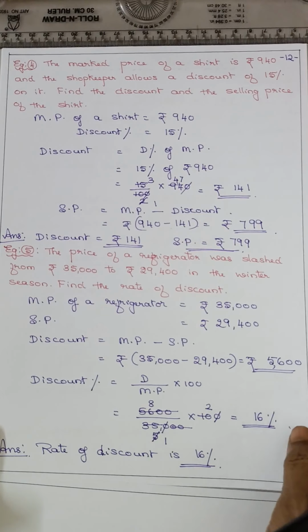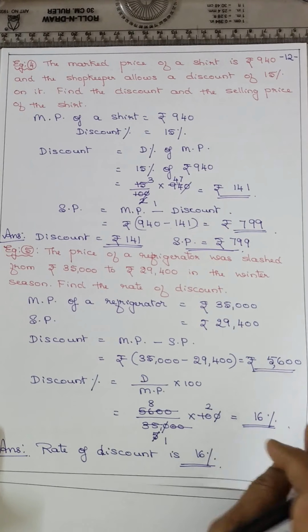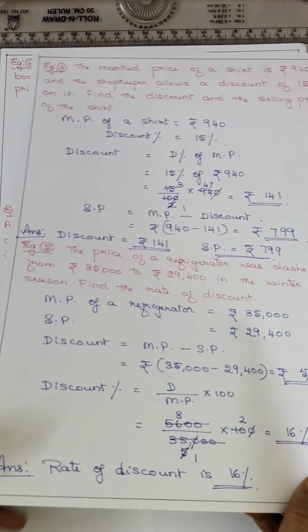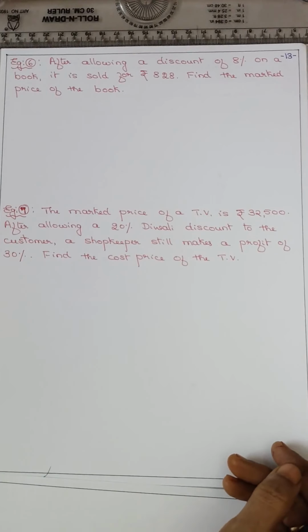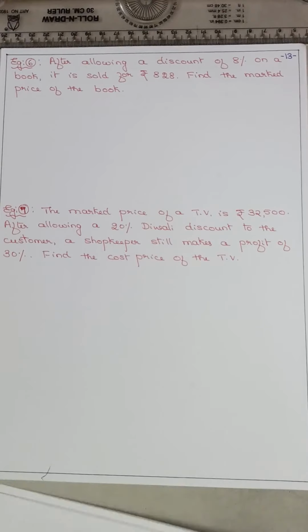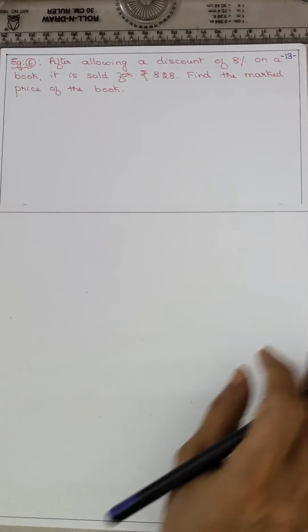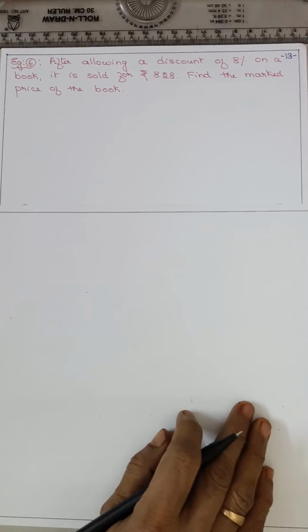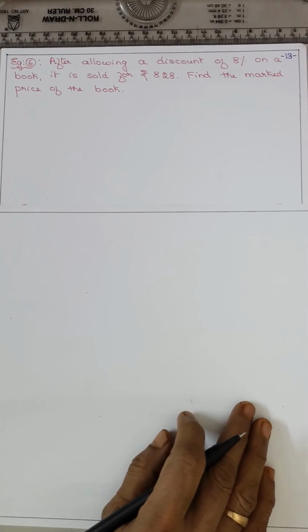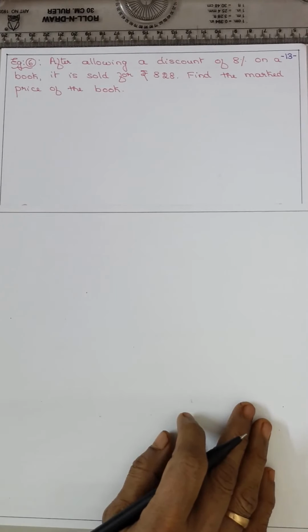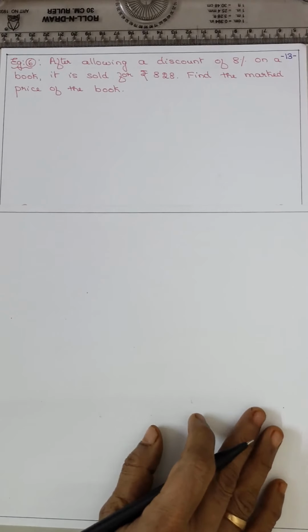Now coming to example 6. Example 6. After allowing a discount of 8% on a book, it is sold for rupees 828. Find the marked price of the book. So what is given?